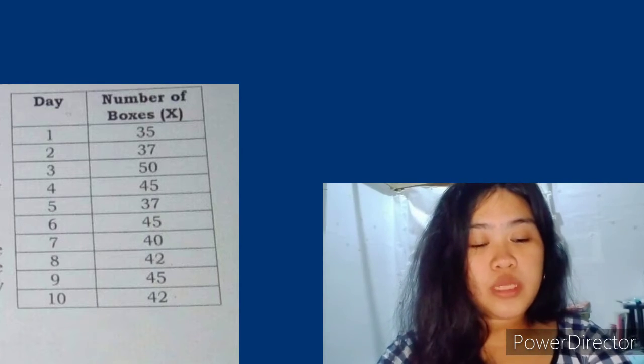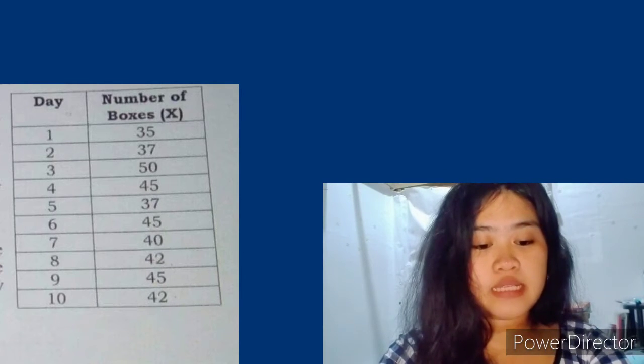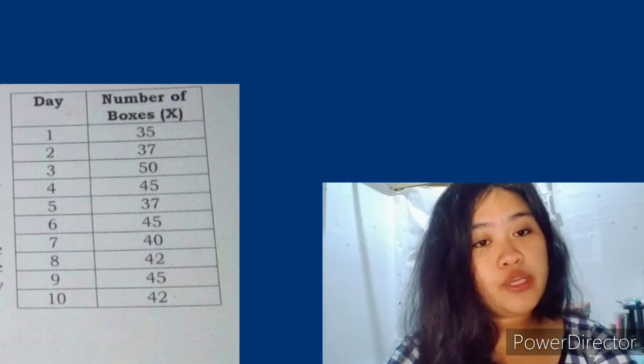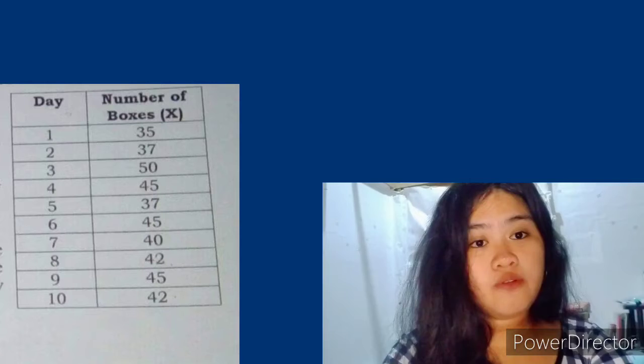Day 2 is 37, day 3 is 50 boxes, and day 4 is 45 boxes. On day 5, they delivered 37 boxes, day 6, 45, day 7, 40, day 8 is 42, day 9 is 43, and on day 10, they delivered 42 boxes of pandesal.